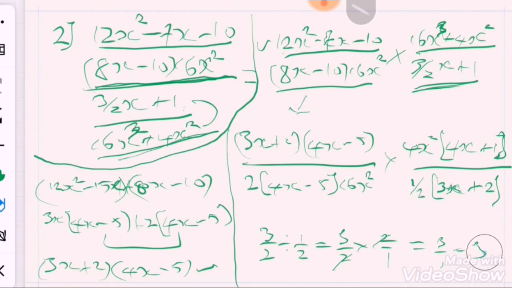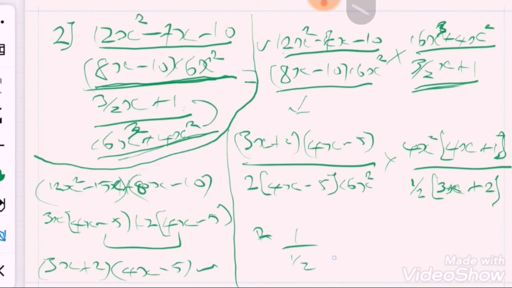So let me clean it for me to do the other one. Again, 1 divided by 1 over 2, this one is the fractional divisor, equals 1 over 1 times 2 over 1. Now 2 times 1 is 2 over 1, which is 2. So that is how we got this.